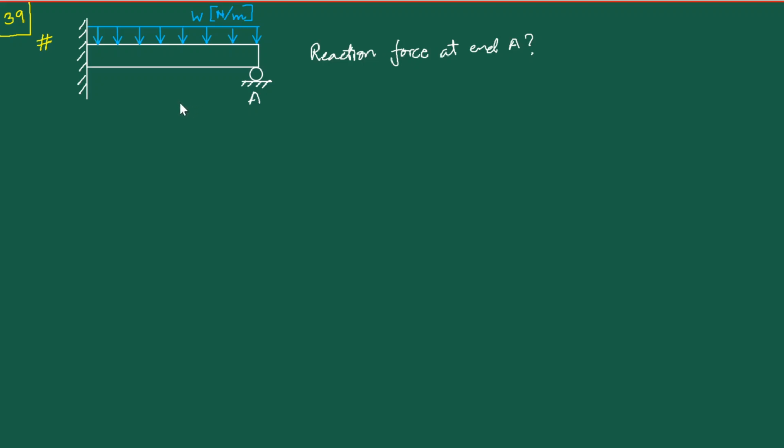Now there will be a certain danger associated with it, which I will discuss subsequently. But for now, let us try to see if we can find out the reaction force. And the overall conceptual trick behind it is that suppose we were to think of the reaction force at this end like a point force, and then we try to think what is the deflection associated with that force.